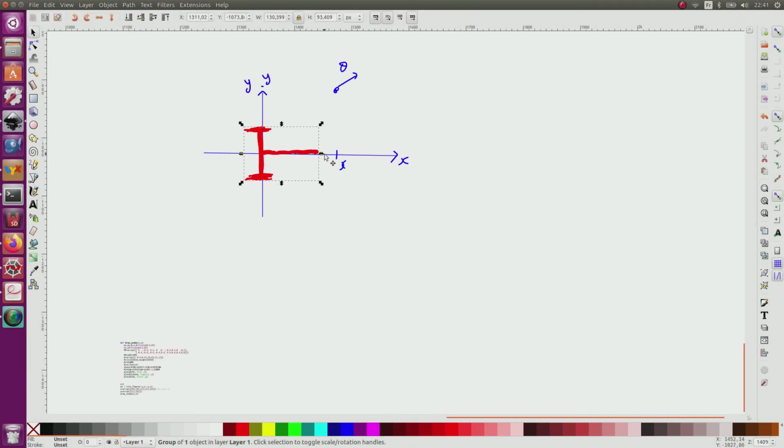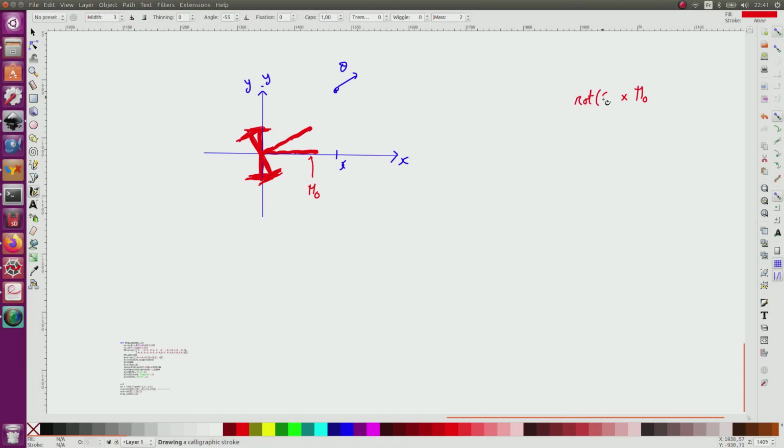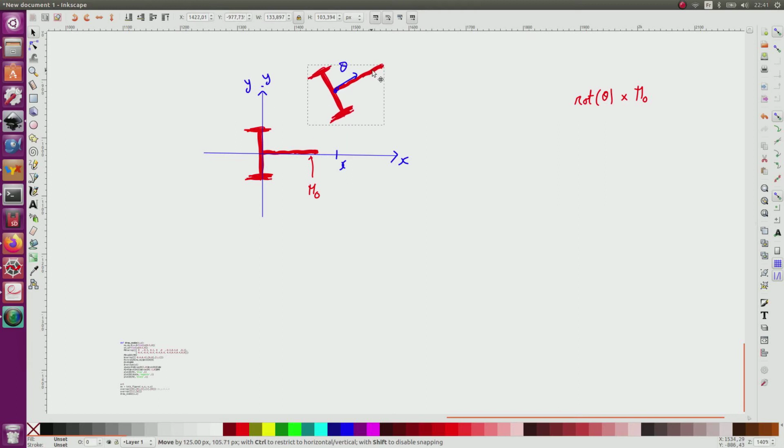First I will have to rotate it like this by an angle theta. So here it's approximately theta, and I will thus start from my initial sketch called M0. I will take M0 and I will multiply by the rotation transformation rot of theta. Okay, then I will have to translate like this at the right position.